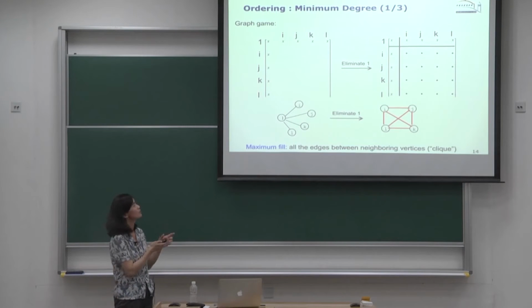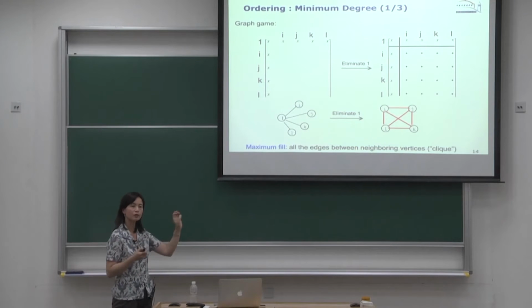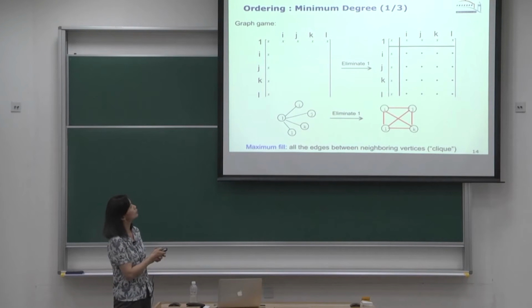Degree just means the number of neighbors. One has degree 2, one has 10. If you remove the one with 2, you generate a clique of size 2. But if you remove 10, you generate a clique of size 10, right? 9. Yeah.